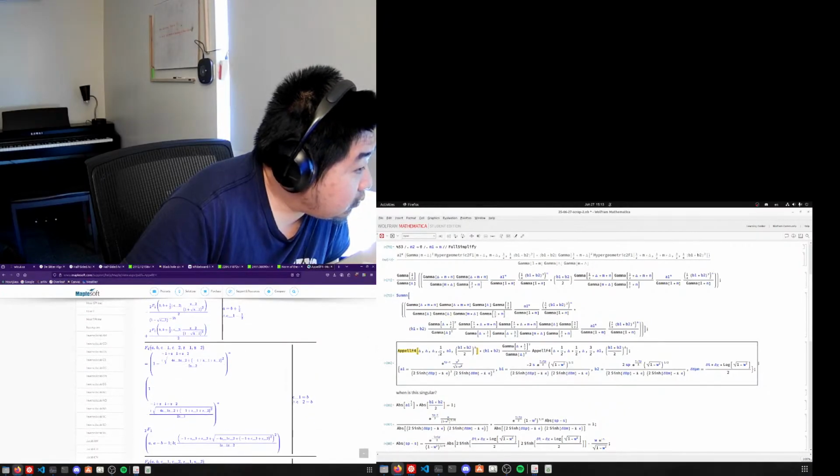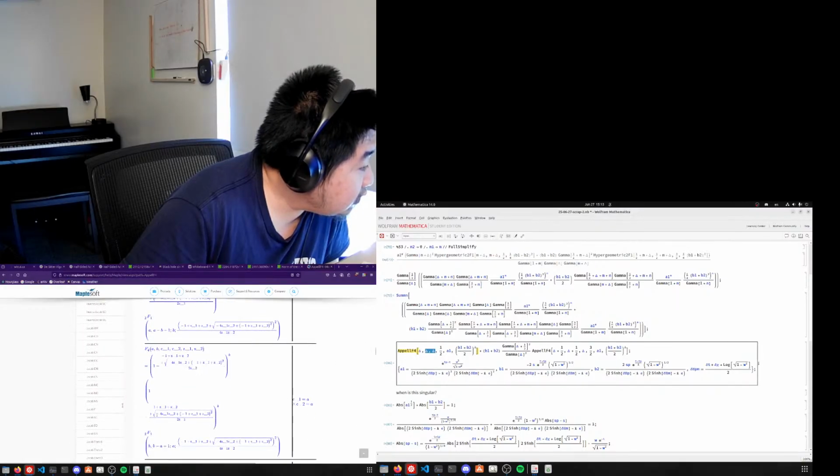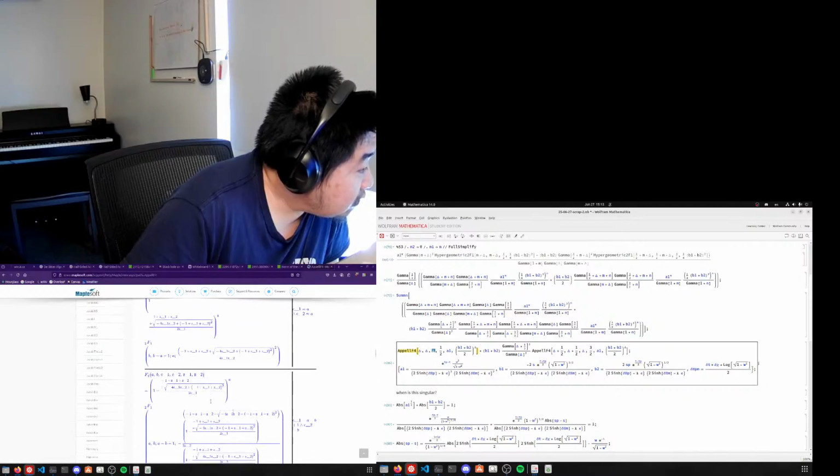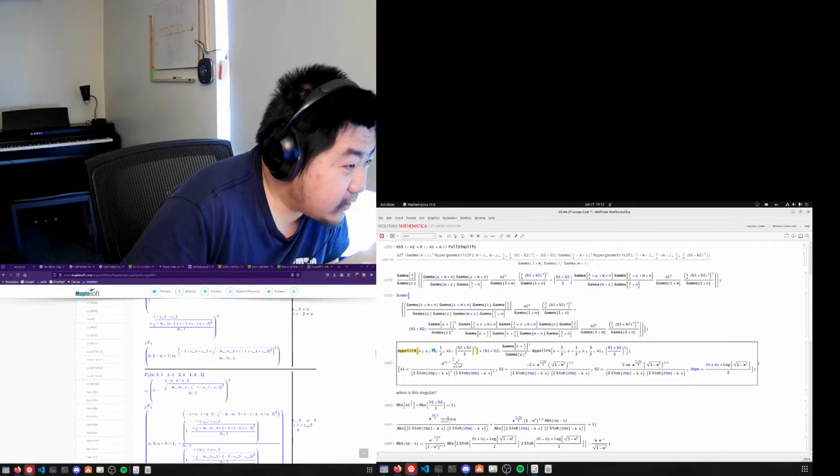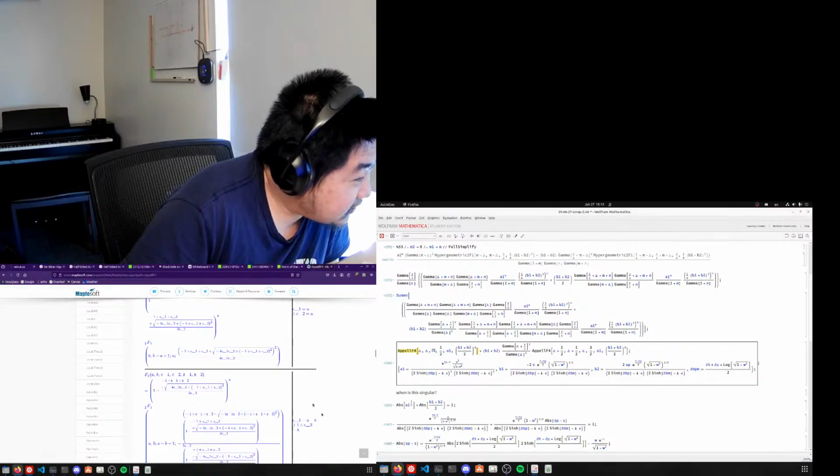C1 equals B and C2 equals B. And here it also reduces to a 2 of 1. C1 equals A and C equals A. This is very close, you see. This is very, very close.